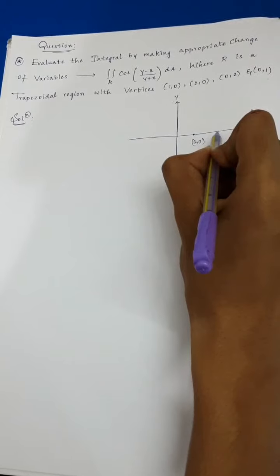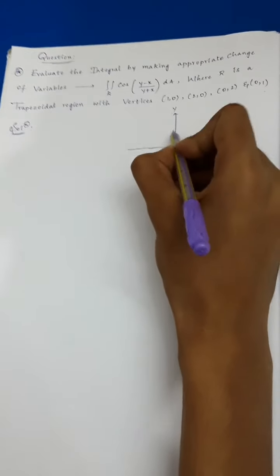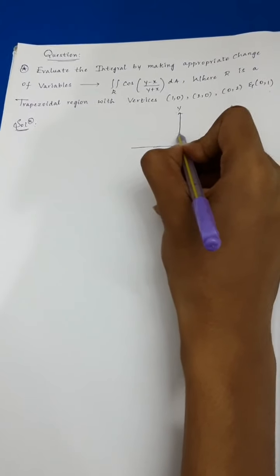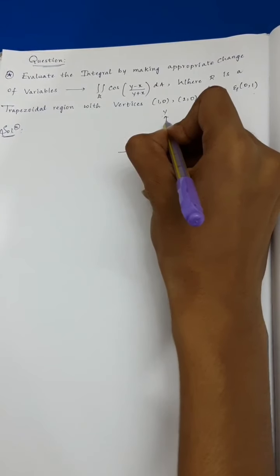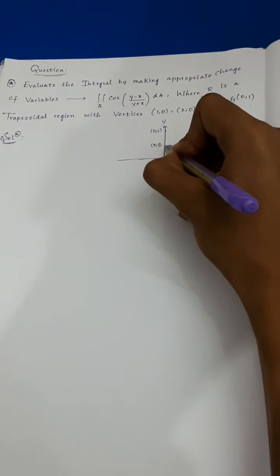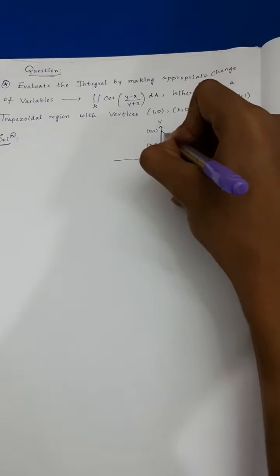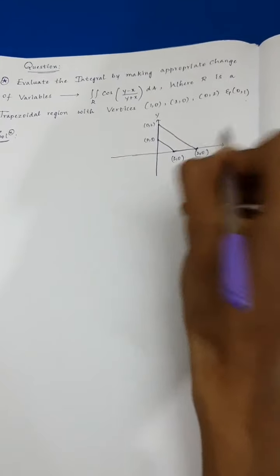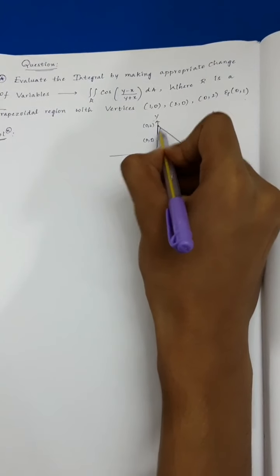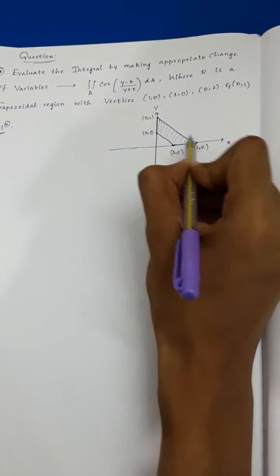Similarly (2, 0) also lies on the x axis, and (0, 1) and (0, 2) both lie on the y axis. By joining these we get the trapezoidal region given in the question. This is the region over which we need to integrate.